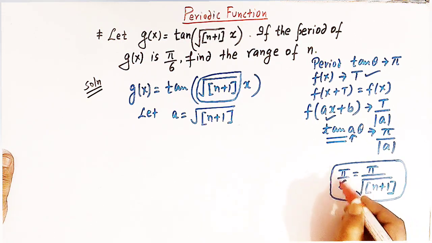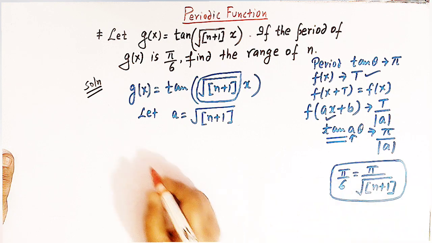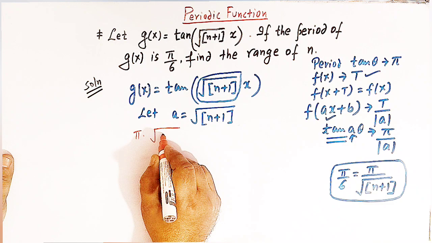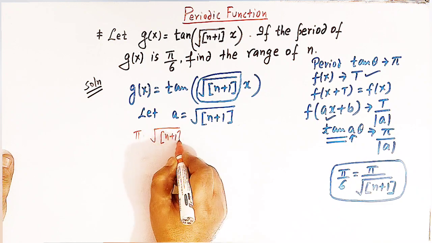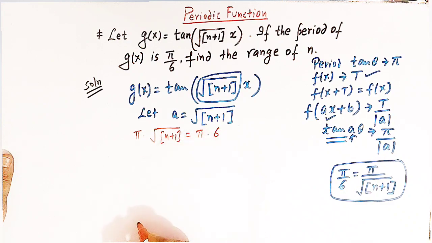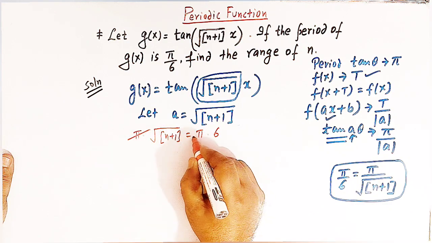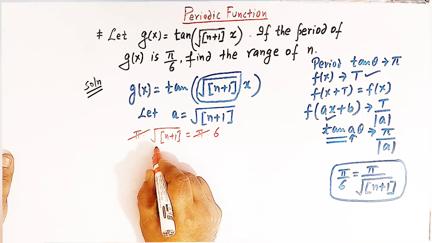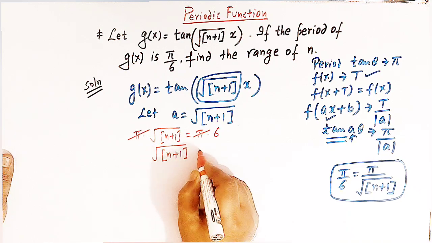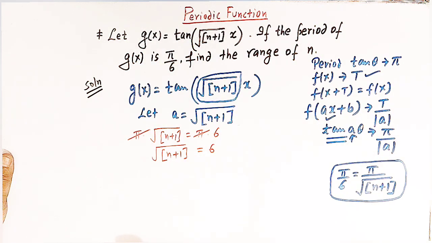Using cross multiplication, we have pi times the square root of the greatest integer of n plus 1 equal to pi times 6. Now this pi and this pi get cancelled, and we are left with the square root of the greatest integer of n plus 1 is equal to 6, right?